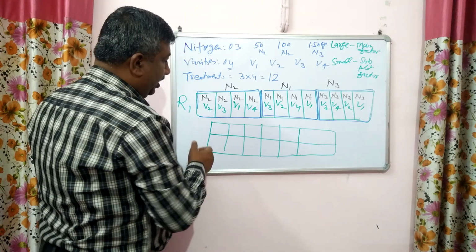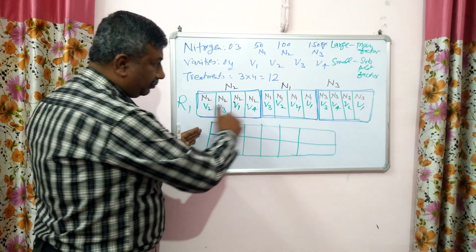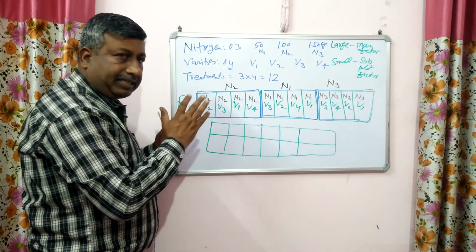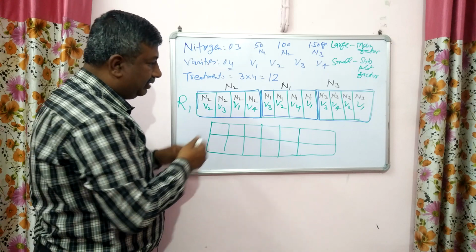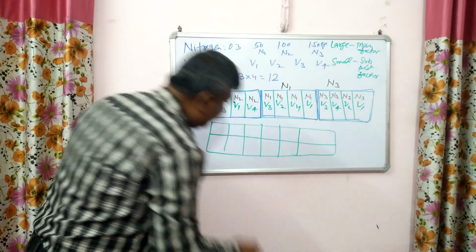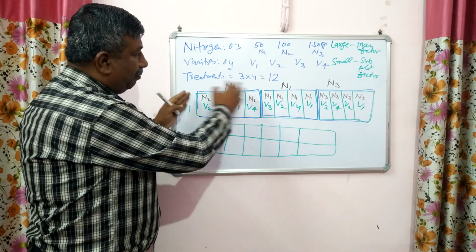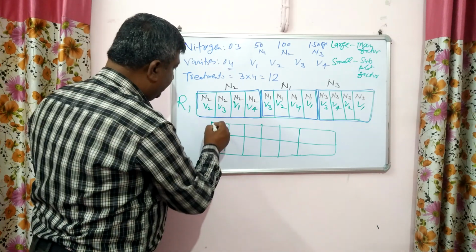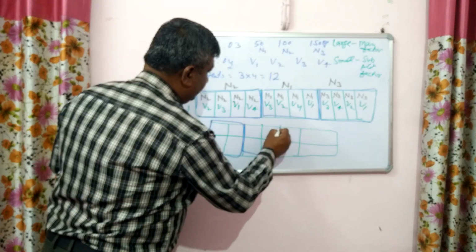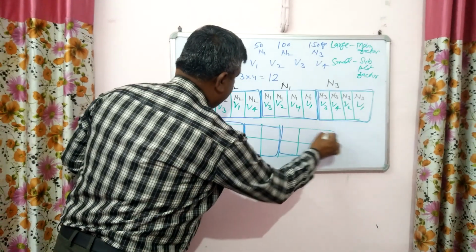Now, we have to make the 4 plots. Then this can be randomized, but there is a little bit of confusion. So in this way, we have to make a combination of 4 plots. This is the 4 plot, first, second, and third.